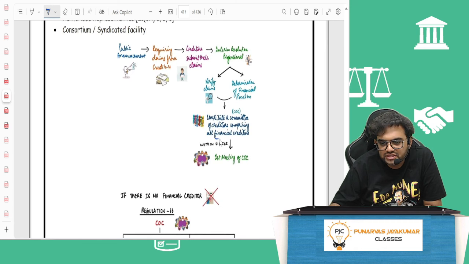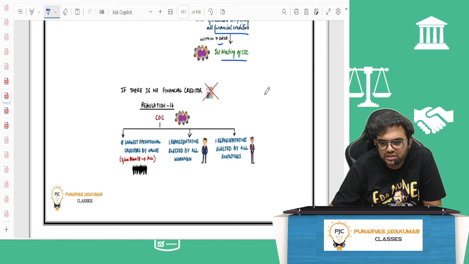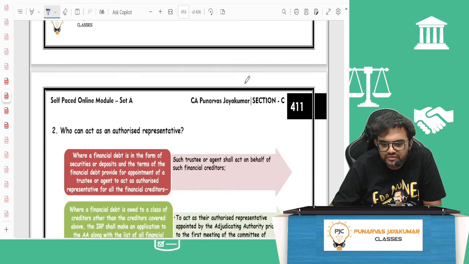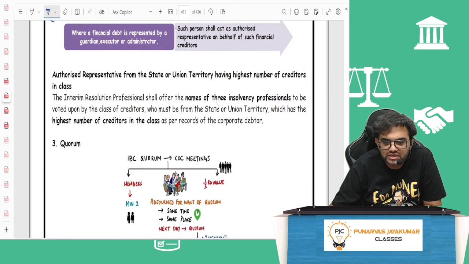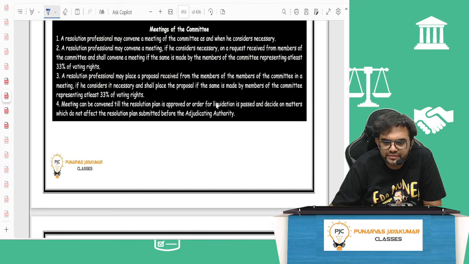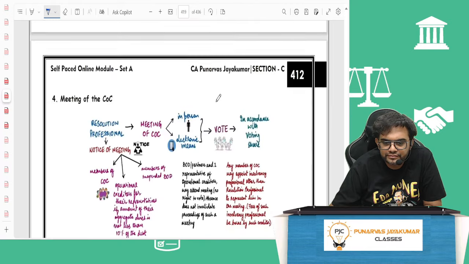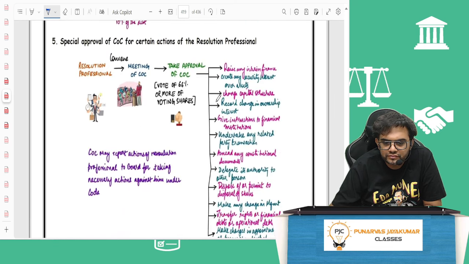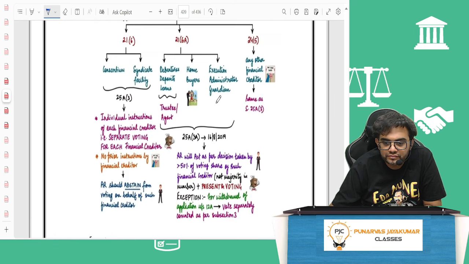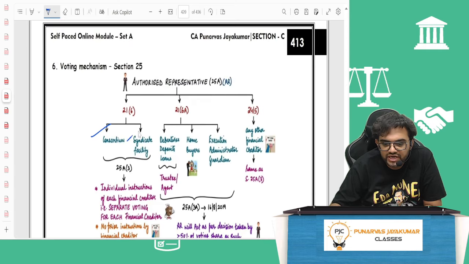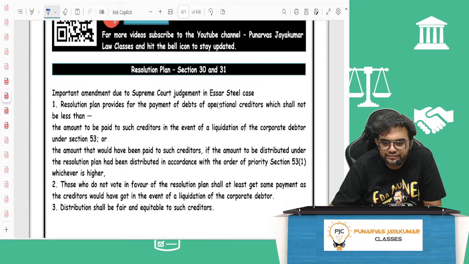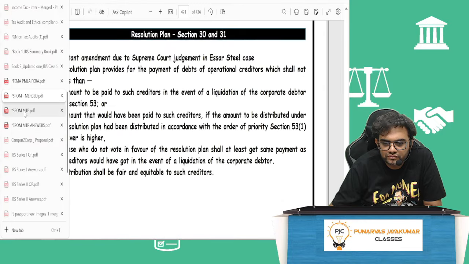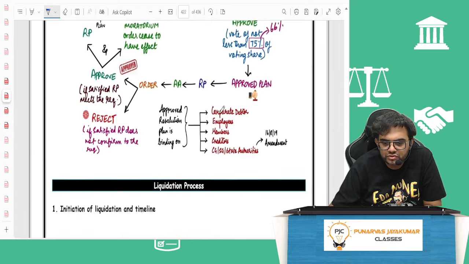They have all the financial creditors within 7 days, first meeting of COC. If there is no financial creditor, then these fellows also will come. But apart from that, authorized representatives also will come of the other financial creditors. Quorum will be there. Of consortium, syndicate, facility, all these people, you have the financial creditors there, not to worry. Given the detailed notes here, you can go through.